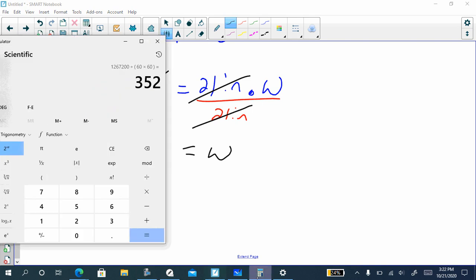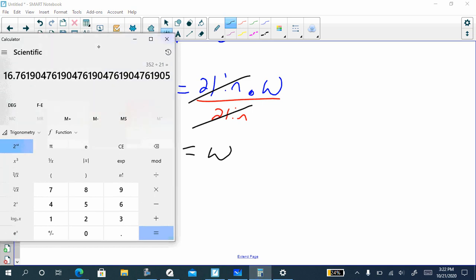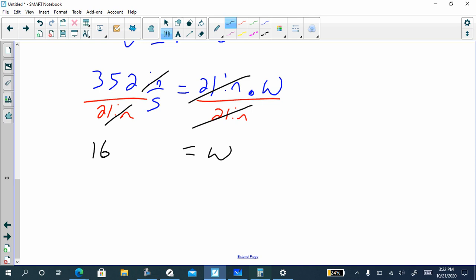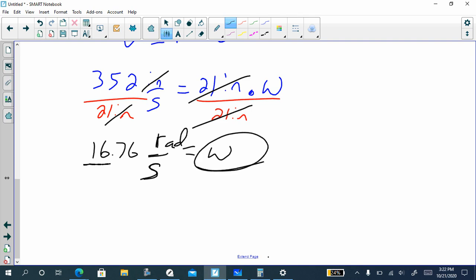So we've got 352 divided by 21, which that's about 16.76. And that's in 1 over seconds. The units on top cancel, so we're left with a 1 there. We're left with seconds on bottom. That's also known as radians per second because that's an angular velocity. So that's how many radians every second.